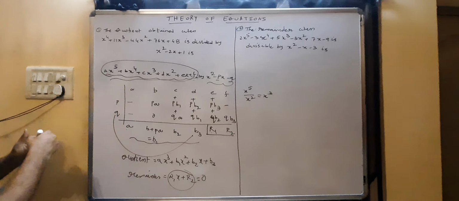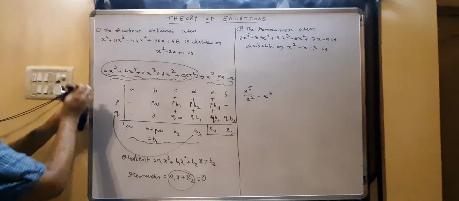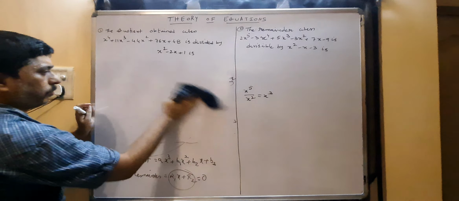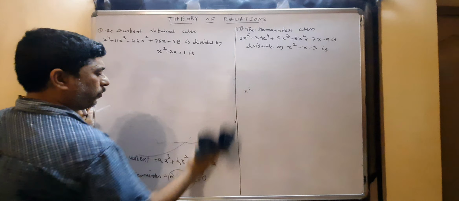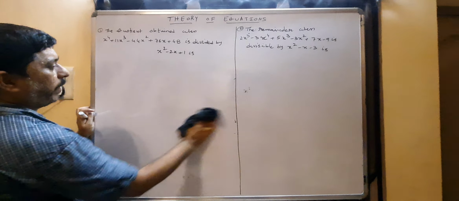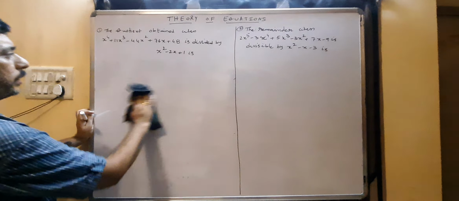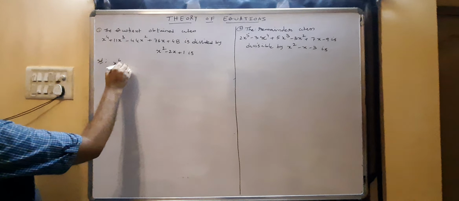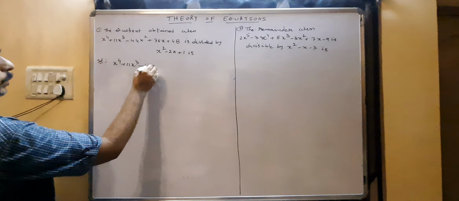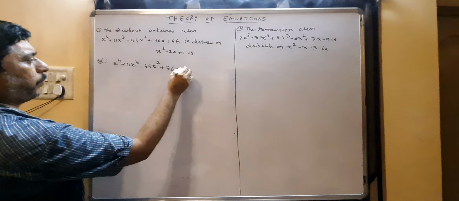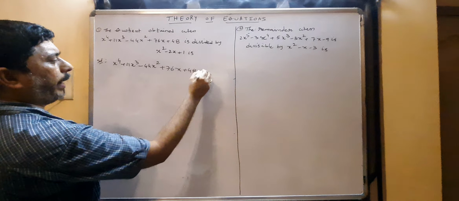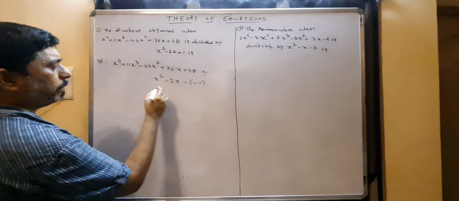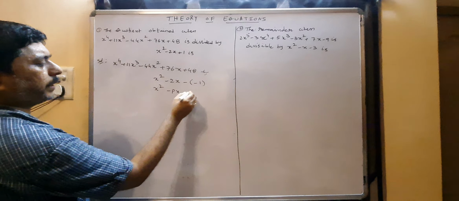Above, the problems you can see. Now the given fourth degree polynomial, they are asking to find the quotient. The polynomial x power 4 plus 11x cube minus 44x square plus 76x plus 48 is divided by x square minus 2x plus 1, which is in the form of x square minus px minus q.